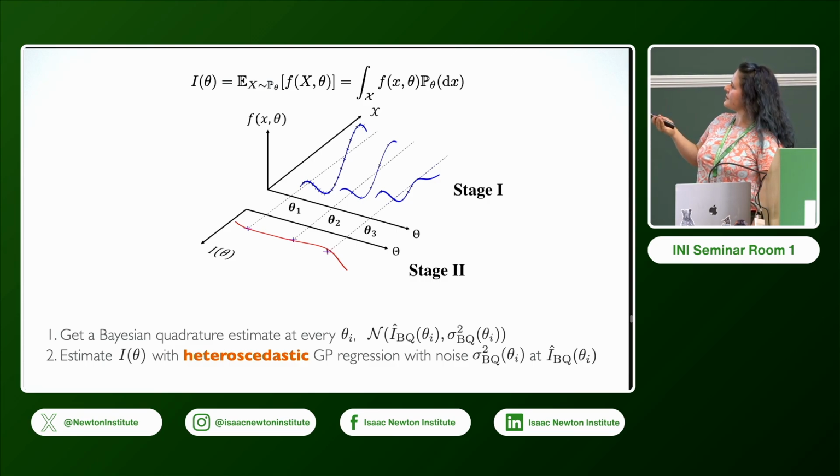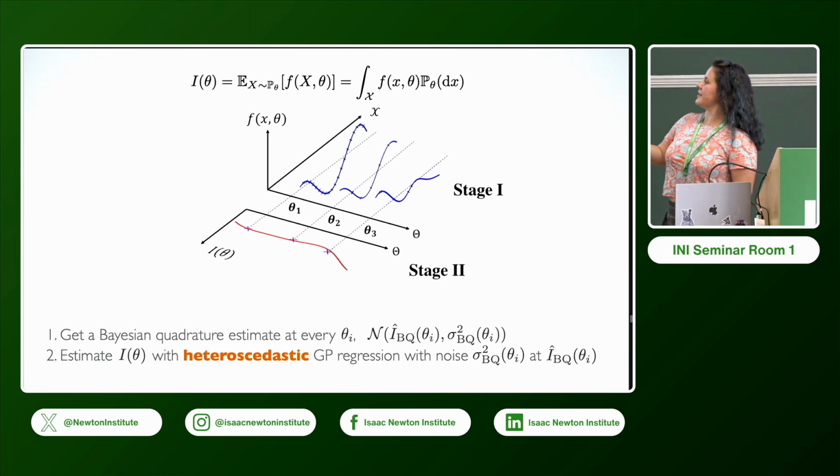And we're going to use this fact to better model I of theta by estimating it via heteroscedastic GP regression, where the noise will be scaled with the variance of the BQ method from the previous stage. This is where having some uncertainty quantification in stage 1 really helps us, because it tells us how much I should trust the value I of theta i for each theta i.